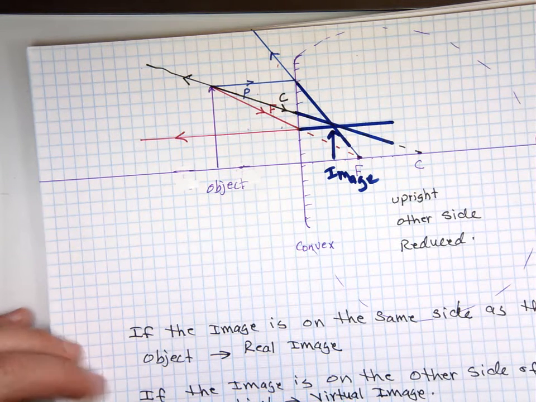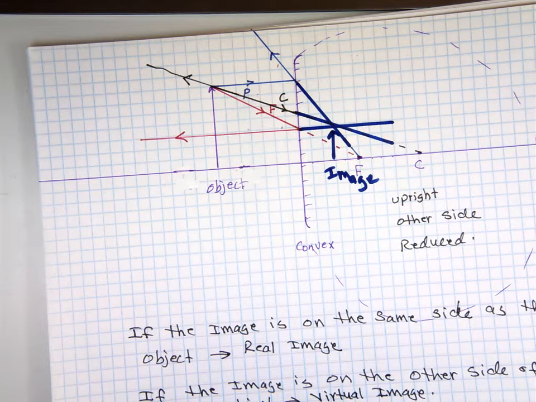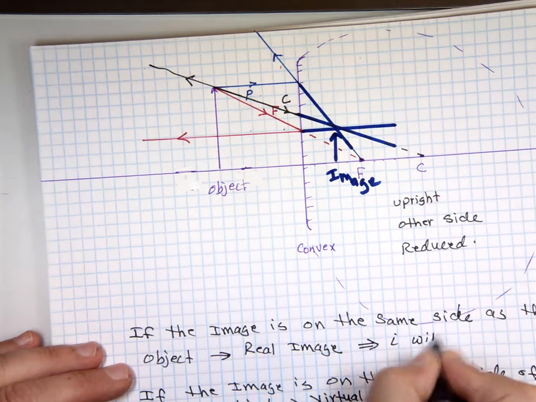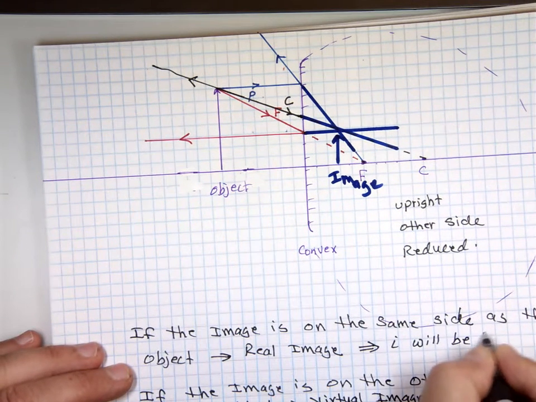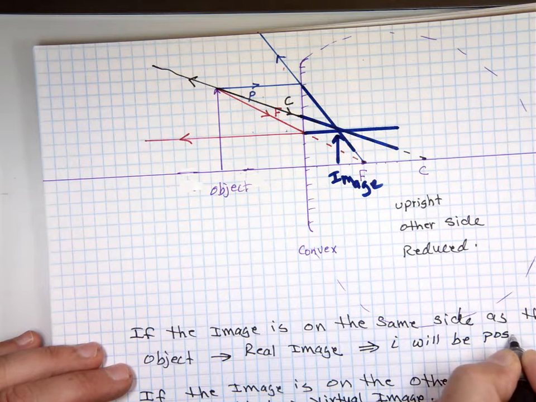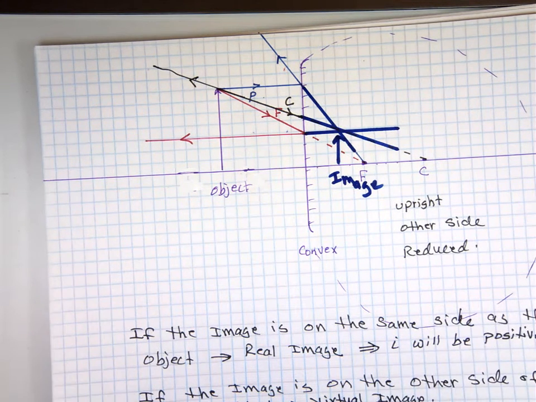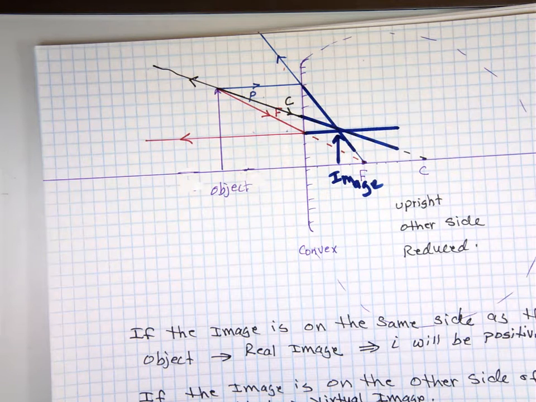So when we start doing this mathematically, I will be positive. That's how you know if it's real image or virtual image. The value for I will be positive. If it's virtual image, I will be negative.